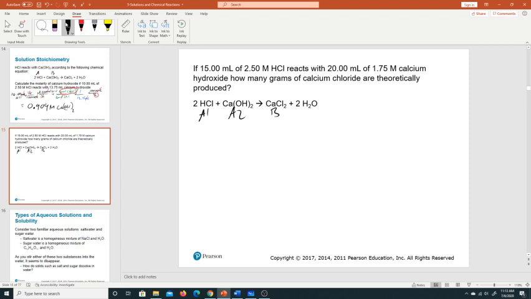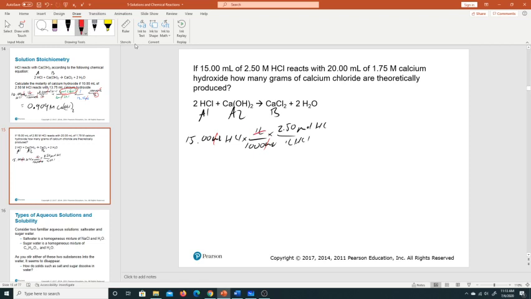Well, let's calculate that. We'll start with HCl. 15.00 milliliters HCl, which is 1,000 milliliters in a liter. That cancels out milliliters. And now we need to multiply this by the molarity of HCl, 2.50 per liter of HCl.